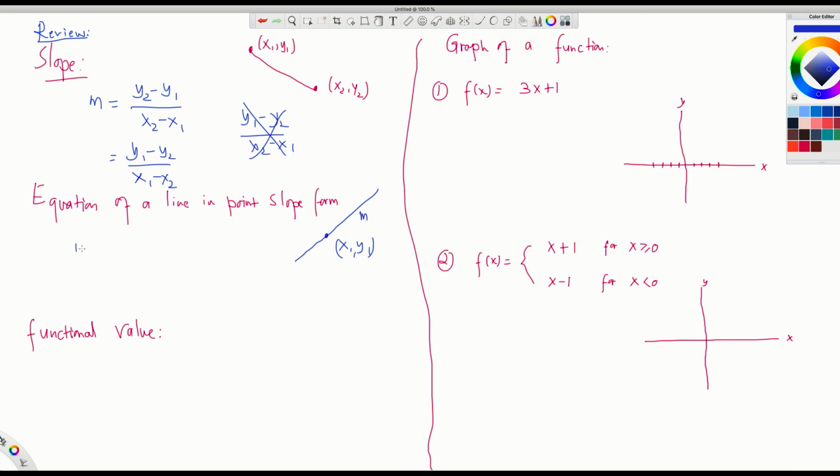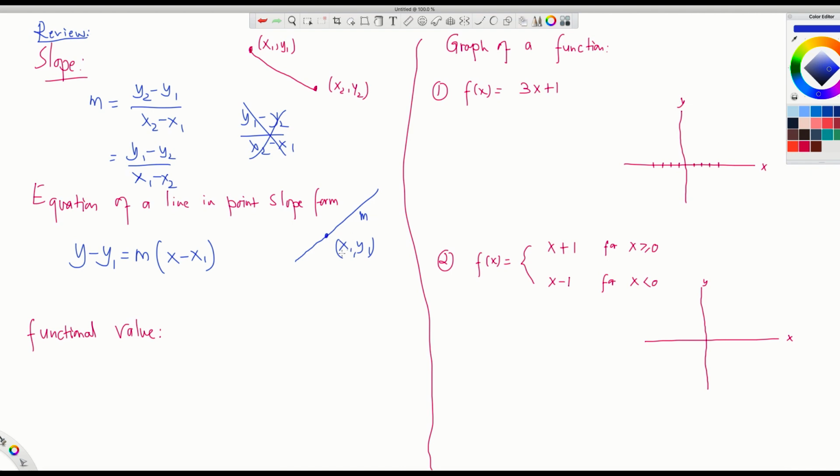The formula is y minus y1 equals m times x minus x1. You see that? The value of x1 will be given to you, the value of y1 will be given to you, and the value of m will be given to you.